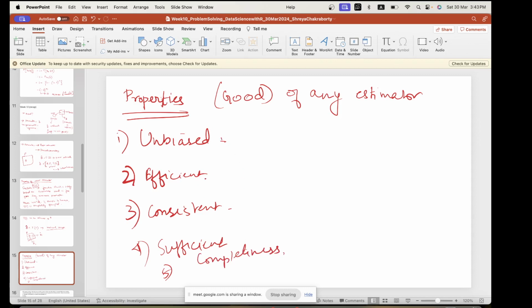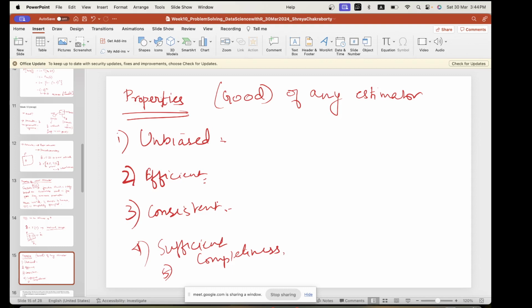Having this does not imply this. There may be overlaps, not in the exact sense of the terms, but a few might seem similar, but these are all independent properties. Having one does not imply that you would have the others also. If you have it, it's good, but there is no guarantee that it will hold true.